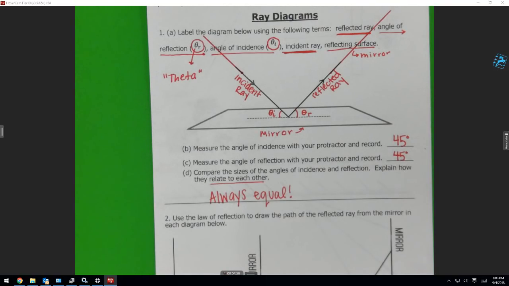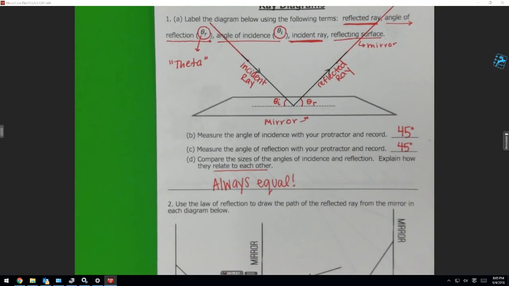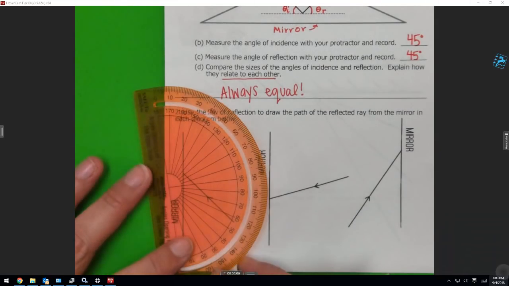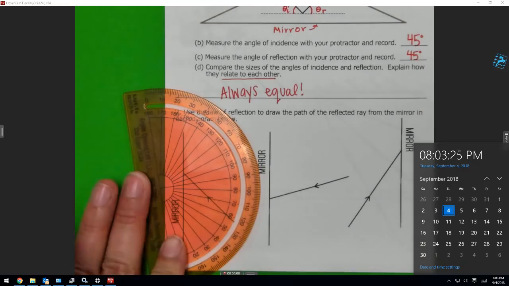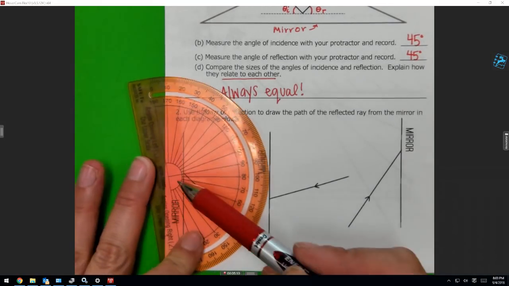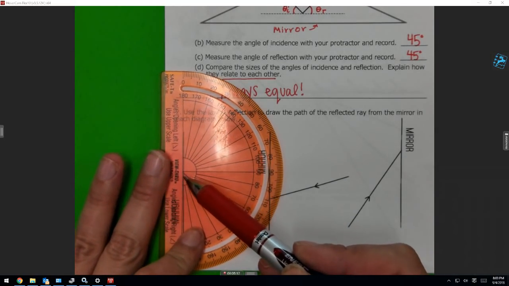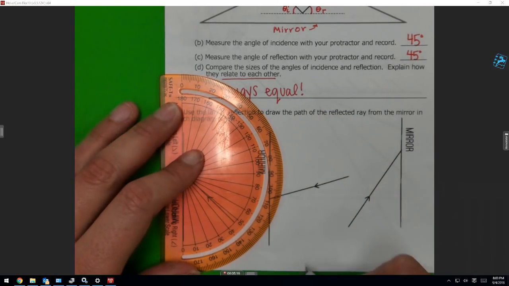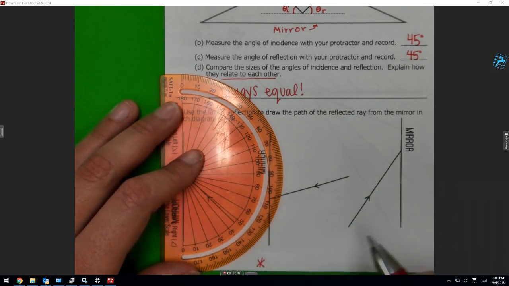All right, so if we look at number 2, if we hold our protractor so that the T on the protractor right here lines up with the perfect side of the angle. Now we might want to make ourselves a note that when we're looking at our angles of reflection and our angles of incidence, we're always looking at the acute angle.